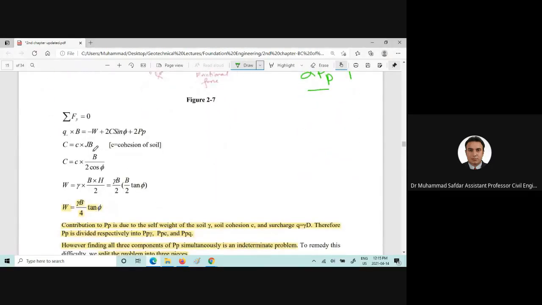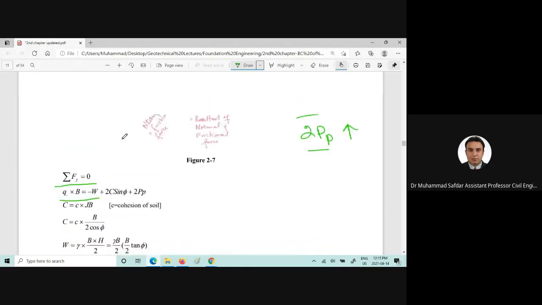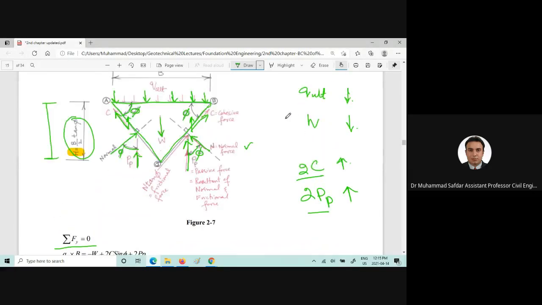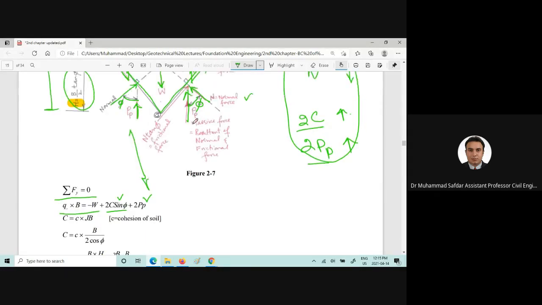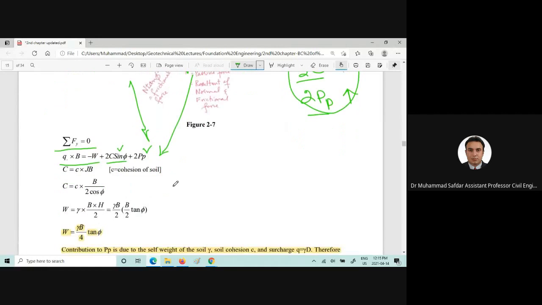Now if we take the summation of forces in vertical direction equal to 0, and if we equate the forces which are acting downward and upward, it is Q ultimate into B plus, so if you go this side, it will be minus W or 2C, this is the vertical component of the cohesion, and the 2PP which are acting here on each side of the wall.